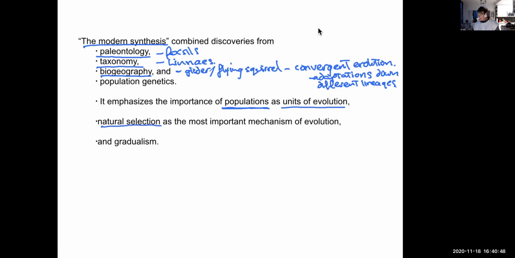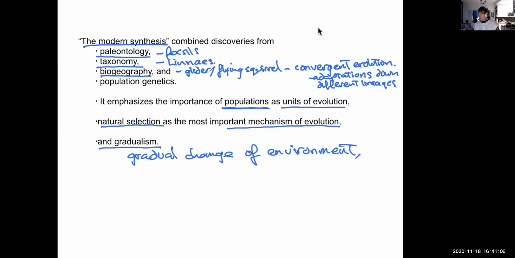And natural selection really is the most important mechanism of evolution, and gradualism, gradual change of environment, a gradual change of mutations, leading to selection.